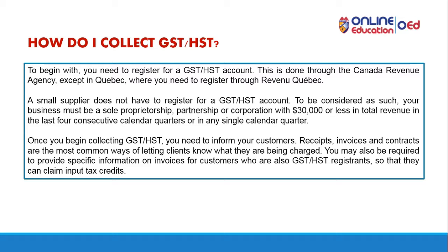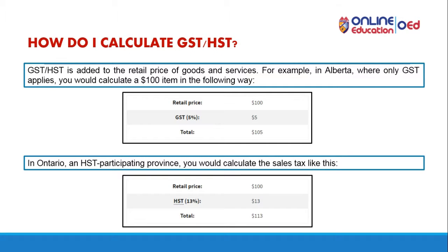Receipts, invoices, and contracts are the most common ways of letting clients know what they are being charged. So in the Philippines, we have the value-added tax, and as I've said earlier, it is usually seen on the receipt. You may also be required to provide specific information on invoices for customers who are also GST, HST registrants, so that they can claim input tax credits.